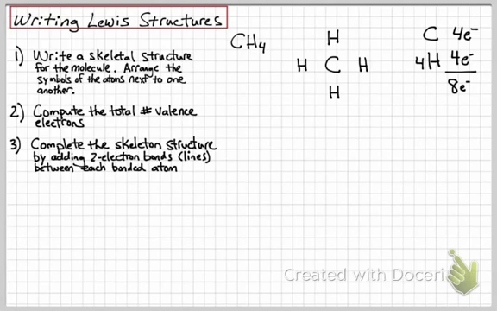So in this case, we're going to have bonds between carbon and the 4 hydrogens. We'll write lines to represent those bonds. Remember, each line represents a 2 electron bond. Next, we're going to subtract from our valence count the number of electrons we used in that skeleton structure.